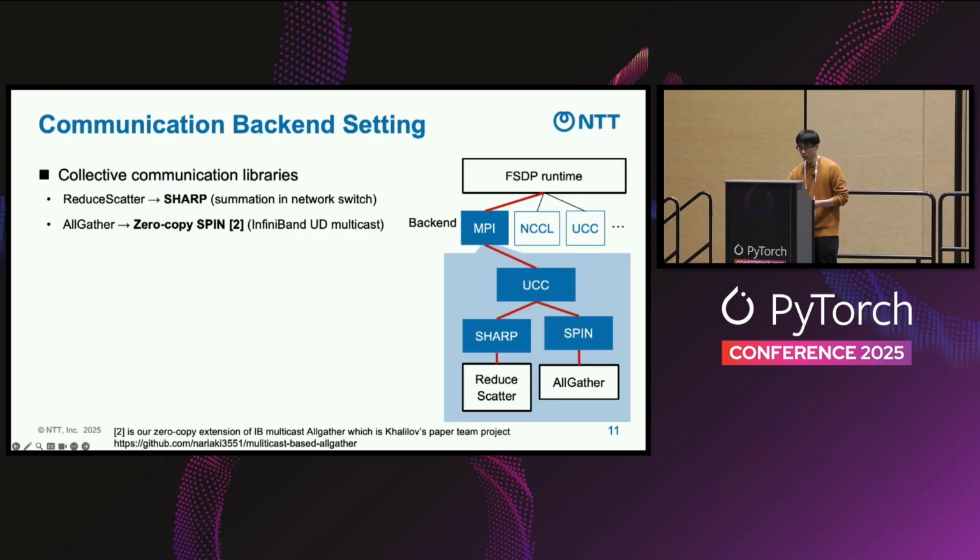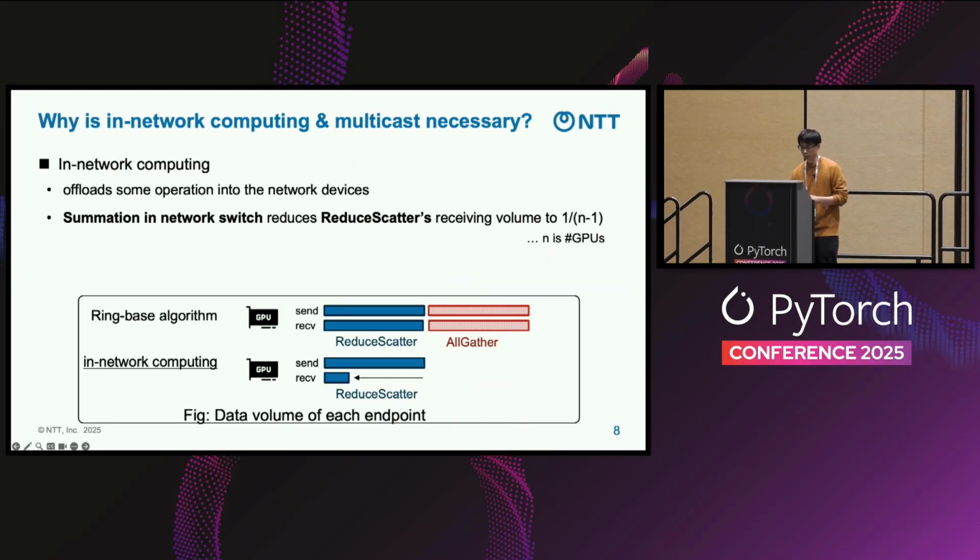But this technology can only speed up the FSDP's backward communication flow. So if another strategy can be combined with FSDP, this technology can be used in that workload. Thank you.